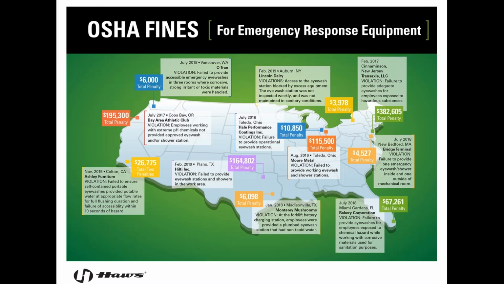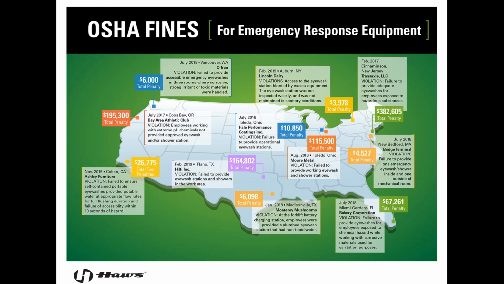Here are a couple of numbers. There are a couple of scary ones on there. These are OSHA fines across the US due to specific eyewash and emergency shower compliance issues. There are a couple of big ones, but everything from an athletic club to a dairy facility, etc. The violations are pretty much the same: either you didn't provide equipment, or that equipment wasn't working for some reason.